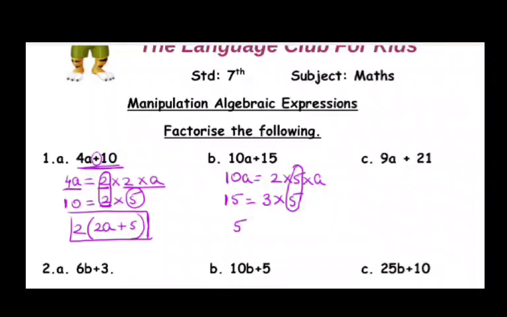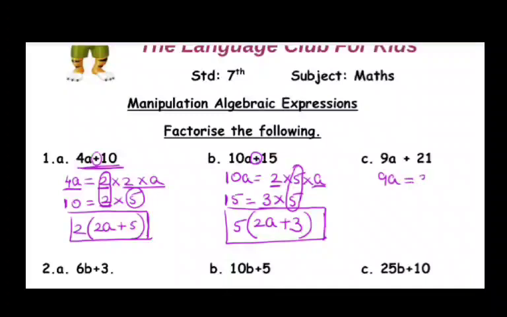Keep it outside the bracket. Inside the bracket, what is left will come. Pick up the sign in the middle from the question. And over here we have 3. Simple? Very simple. Let's move on to the next one.